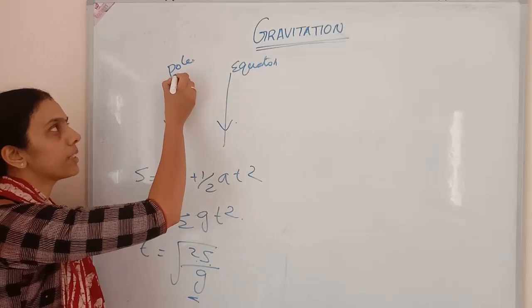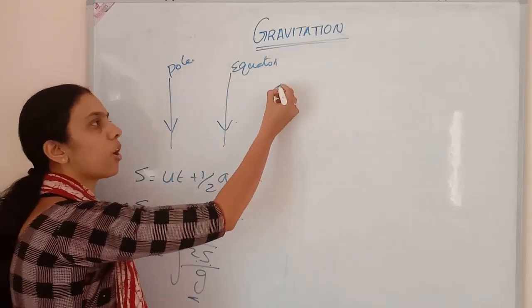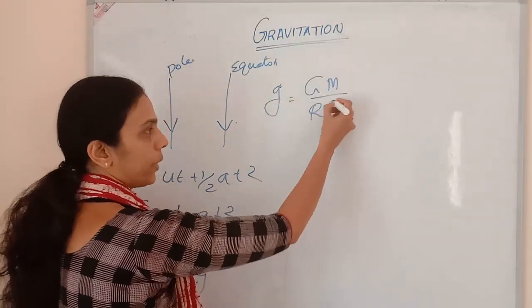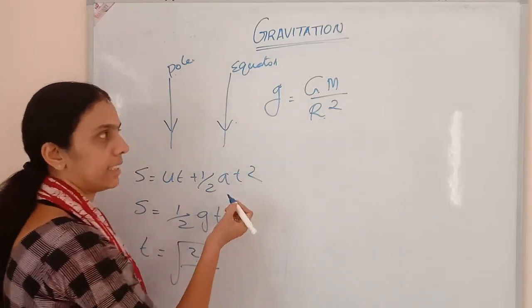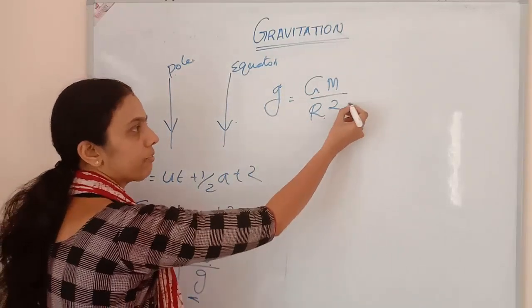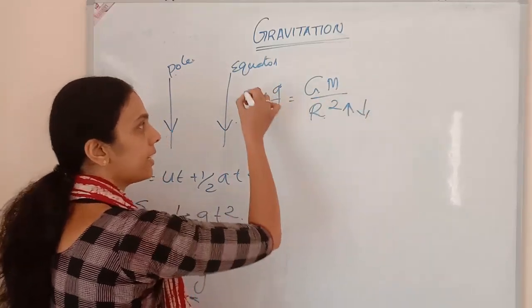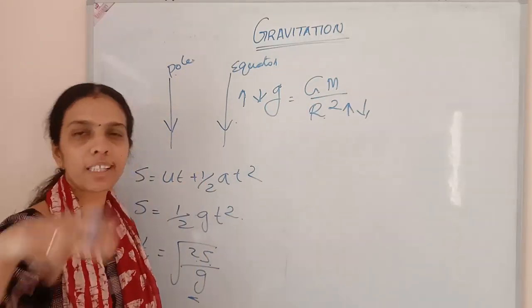Now we should think whether g at the pole is equal to g at the equator. What is the formula for finding g? g equals GM by r square. So if r is increasing, g will decrease. If radius is decreasing, g will increase. We know that the earth is not a perfect sphere.